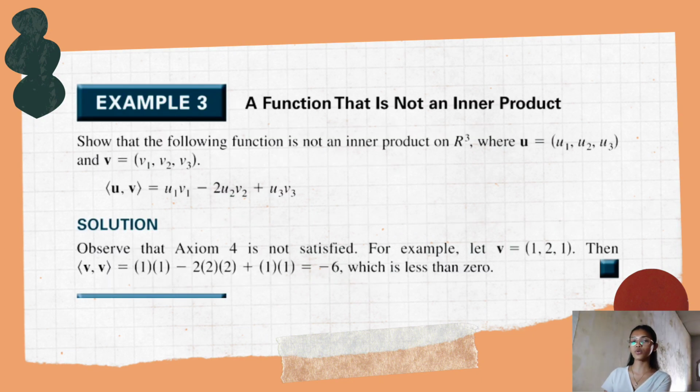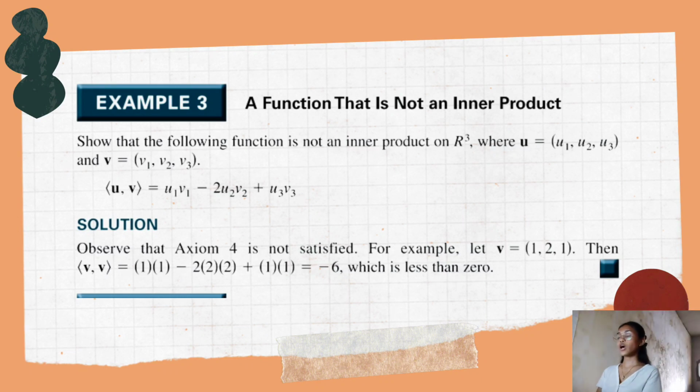Now let us proceed to the third example, which is to show that the following function is not an inner product on R3, where u is equal to (u1, u2, u3) and b is equal to (b1, b2, b3), and <u, b> = u1 b1 - 2 u2 b2 + u3 b3. It's much easier if we proceed to the fourth axiom, where <b, b> must be greater than or equal to 0.